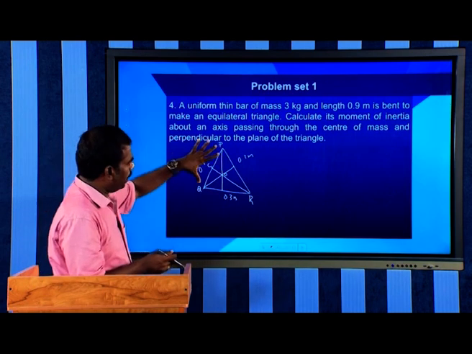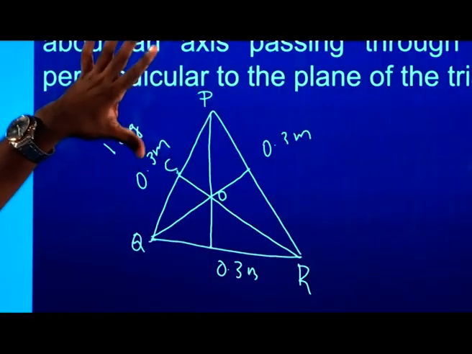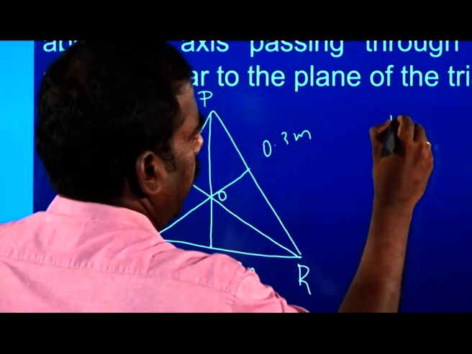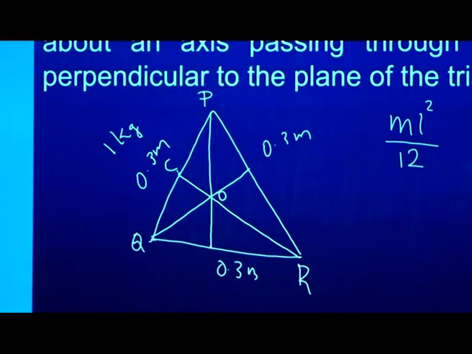So, we find the moment of inertia of PQ about an axis passing through C, given by m L square by 12.